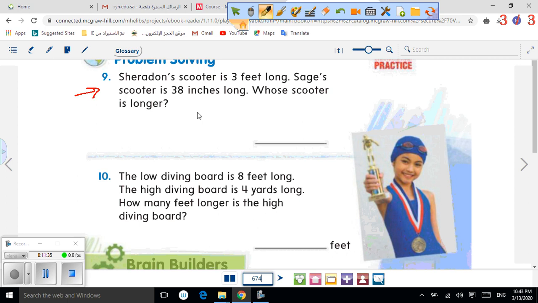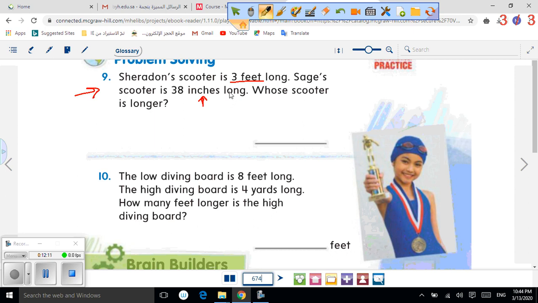To compare between two lengths, you have to make them with the same measuring unit. So we will convert 3 feet to be in inches. How many inches in 3 feet?